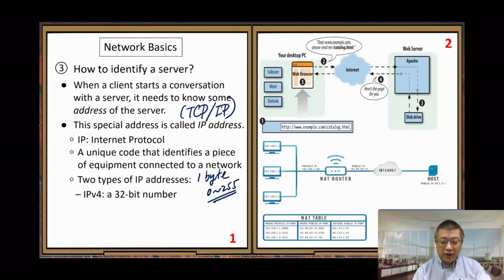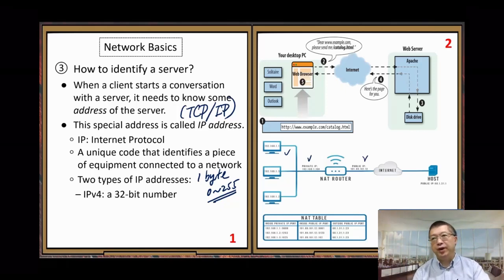So you can see these little numbers here: 4 numbers in the range from 0 to 255 separated by dots.